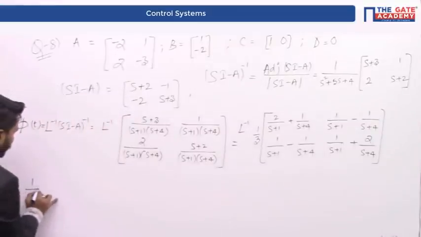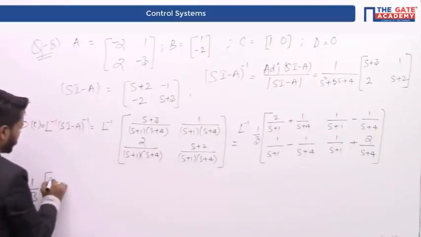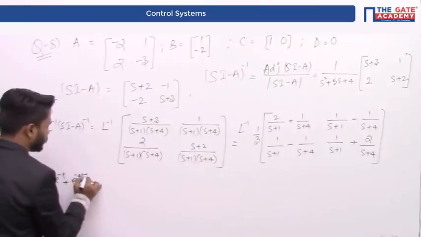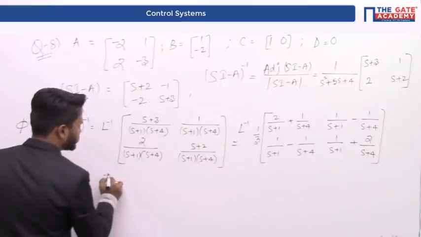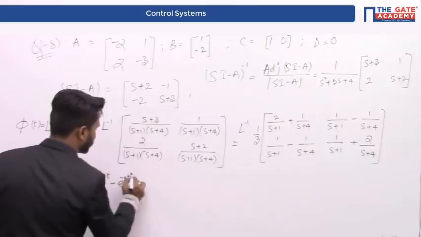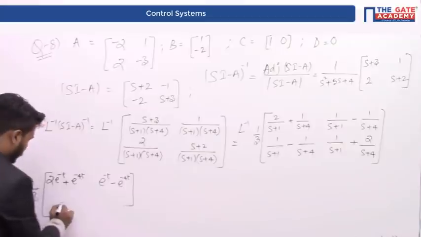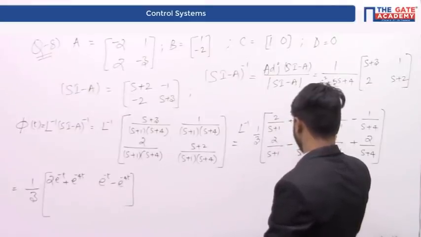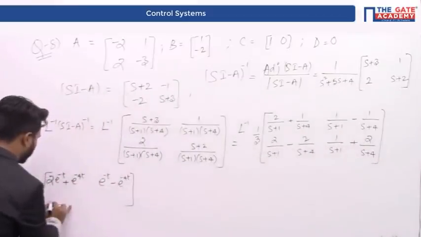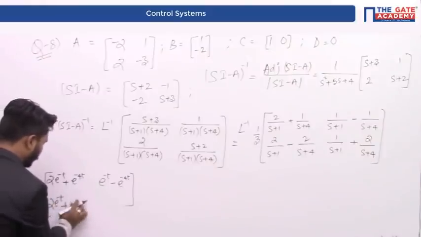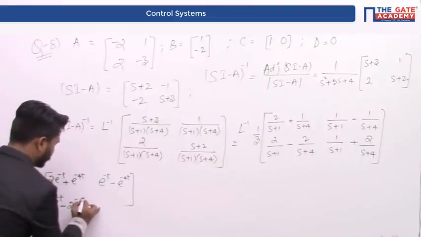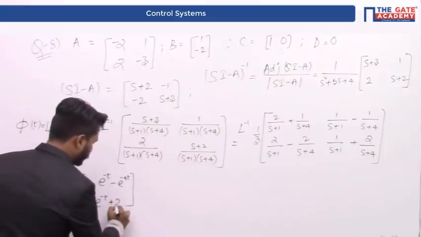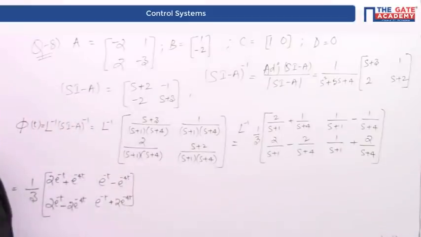That is equal to 1 by 3 times: 2 e power minus t plus e power minus 4t; then e power minus t minus e power minus 4t; the next two are also going to be with 1 by 3, so 2 e power minus t minus 2 e power minus 4t, and e power minus t plus 2 e power minus 4t. Therefore, this is the state transition matrix we are going to get.